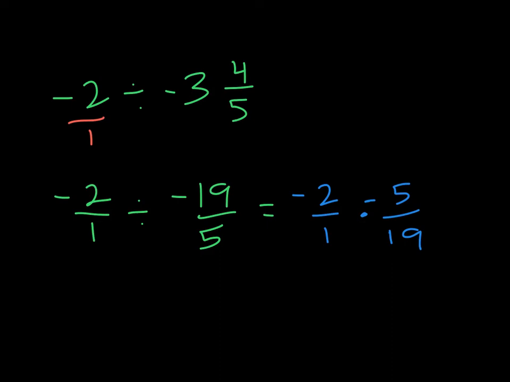So I'm going to go ahead and just multiply straight across. So negative 2 times negative 5 is going to give me a positive 10, and 1 times 19 gives me 19. So I have 10/19, and I cannot simplify that any further.